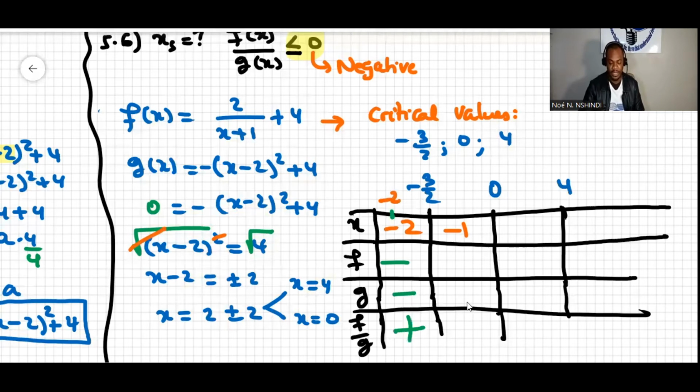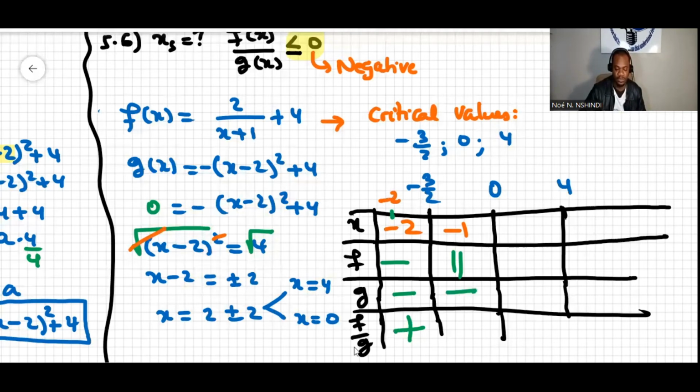And then if I take a number like -1 in between -3/2 and 0, I sub -1 there for X. So here it's undefined. And then if I sub -1 in this equation, -1 minus 2 makes -3, to the power of 2 makes -9. -9 plus 4 is negative.